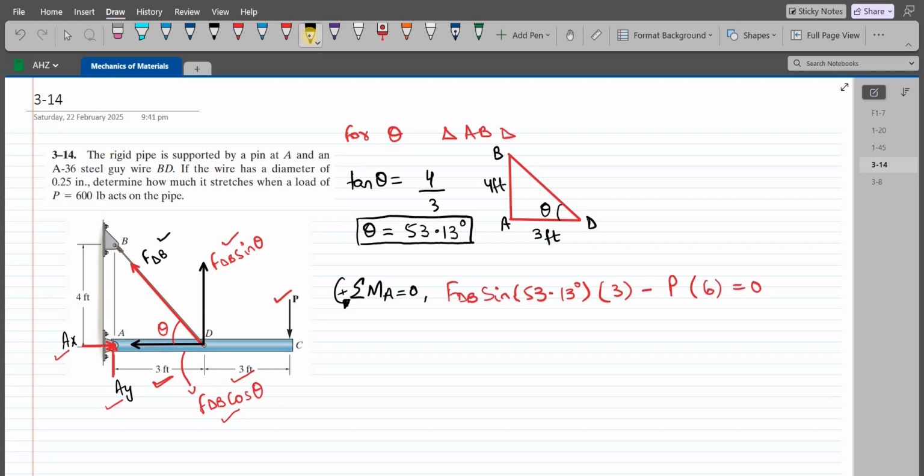So upon simplification, we have sin 53.13 is 0.8, into 3 into FDB, minus P, which is 600 lb, into 6 equals to 0. So from here, FDB comes out to be 1500 lbs.